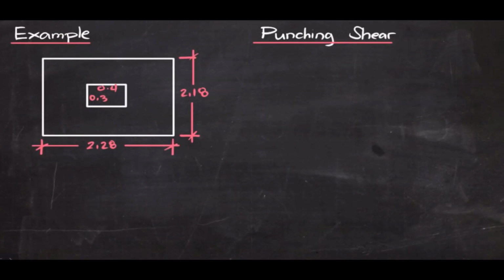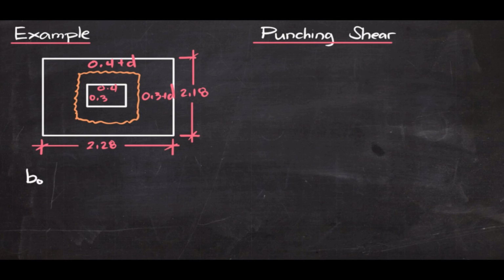Now let's go and check the punching shear. In checking the punching shear, we first need to identify where the critical section is. So this would be the critical section. The dimensions would be 0.4 plus d, and in the other one, 0.3 plus d. 0.4 and 0.3 are the dimensions of the columns in meters. Now, we need to identify two things: the perimeter of the critical section and the area under this critical section.